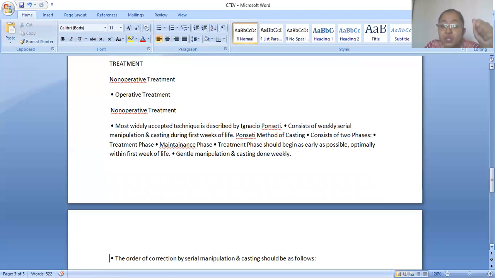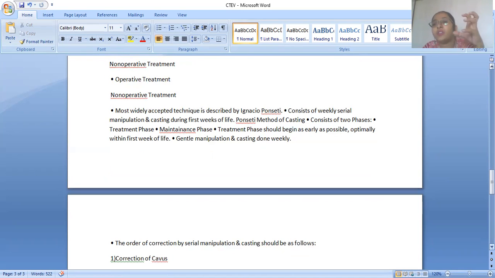The first phase is the treatment phase, and the second phase is the maintenance phase. The treatment phase should begin as early as possible, optimally within the first week of life. It consists of gentle manipulation and casting done weekly. Every week, the manipulation will be done.